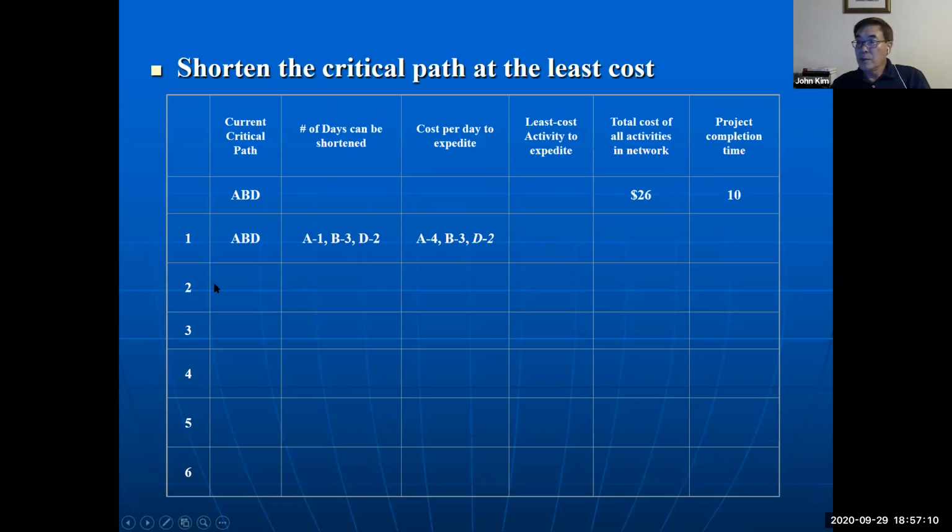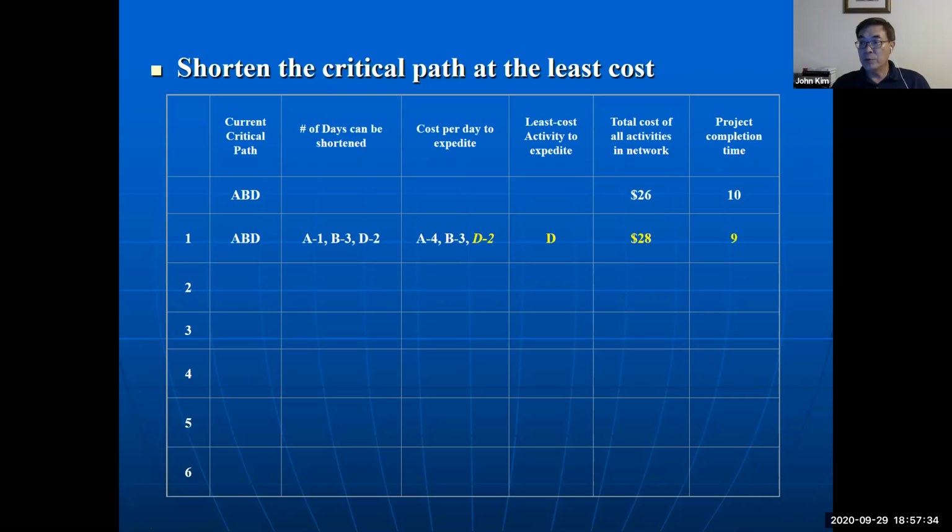So if we use more resource on activity D, then total cost increases, but project time decreases.